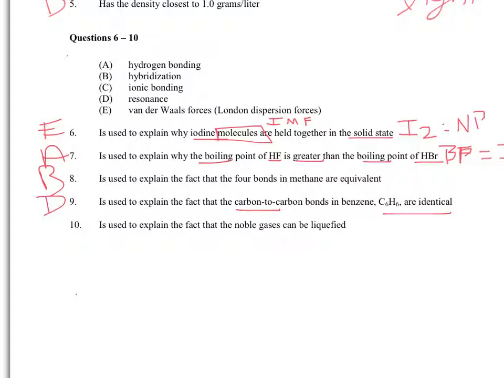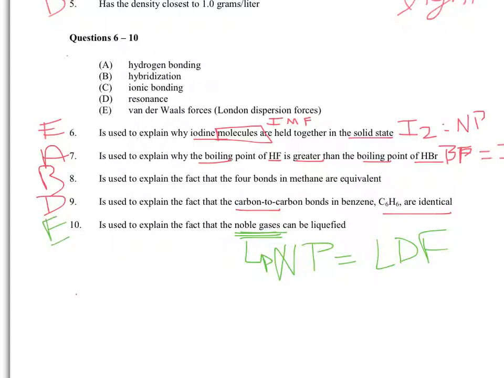And then 10 is used to explain the fact that noble gases can be liquefied. That's an interesting one. Noble gases. What kind of forces do they have between each other? Are they polar or non-polar? They're non-polar, so what do they have to have? Got to have an LDF.